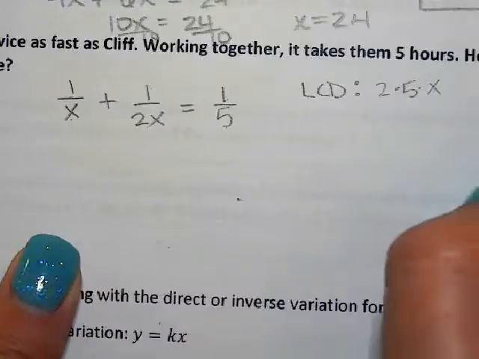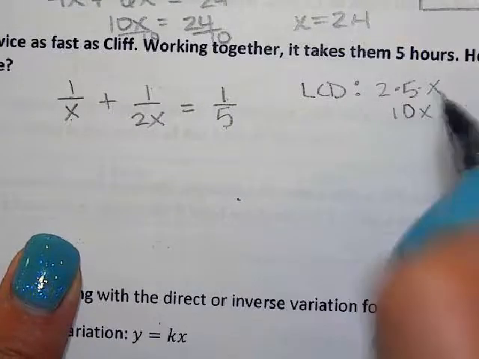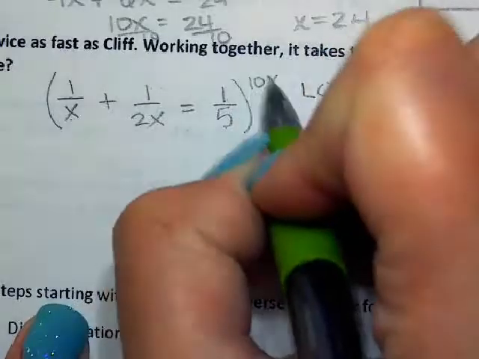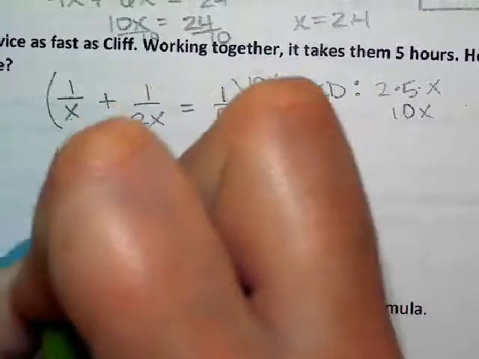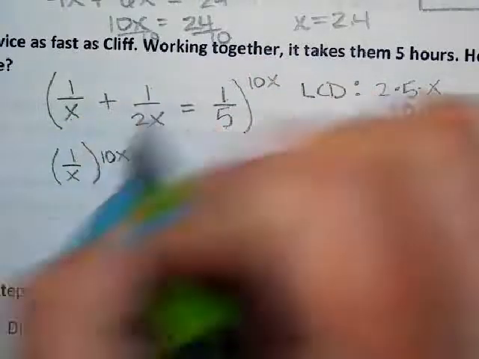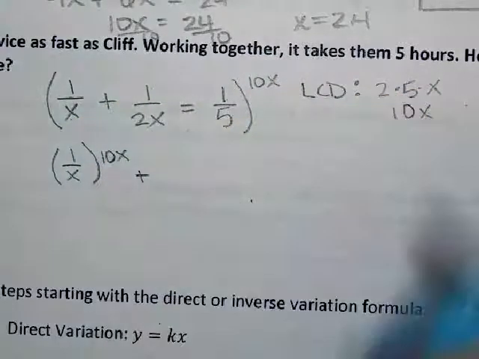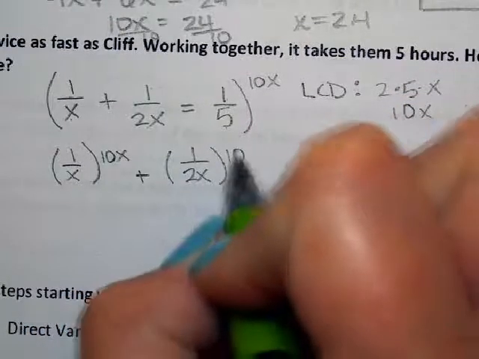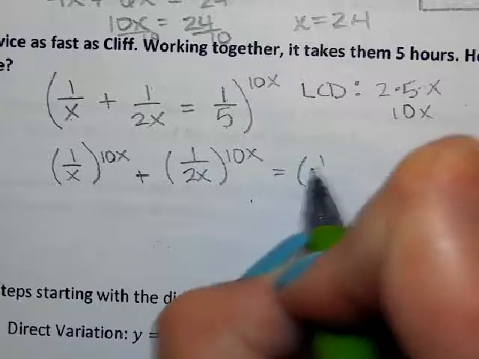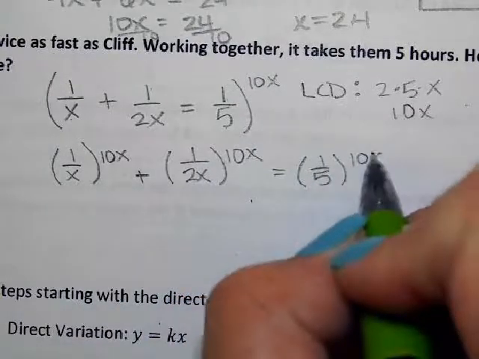And so the least common denominator is 10x. So we have 1 over x times 10x. We have 1 over 2x times 10x. We have 1 over 5 times 10x.